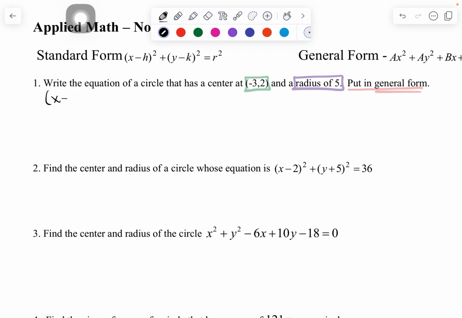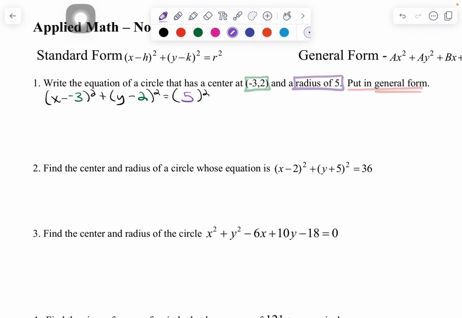So let's see, x minus something squared plus y minus something squared is equal to something squared. From my center, I've got a -3 h value, a 2 for a k value, and then my radius is 5. So that's the start for the standard form.